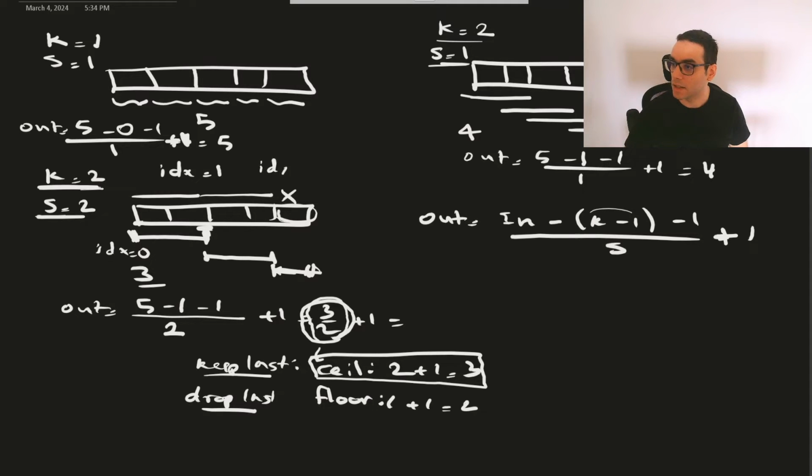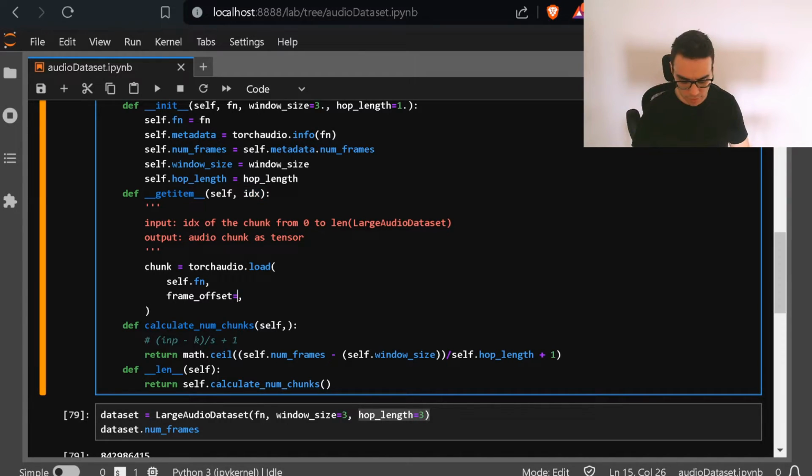If the IDX is 2, the offset would be 4. So it seems like the offset goes up by a step size of stride, or hop length. So I can say, well, use self.hop_length times the IDX. So for the 0th index, offset would be 0. For the index 1, it would be hop length, in this case 1, and so on.